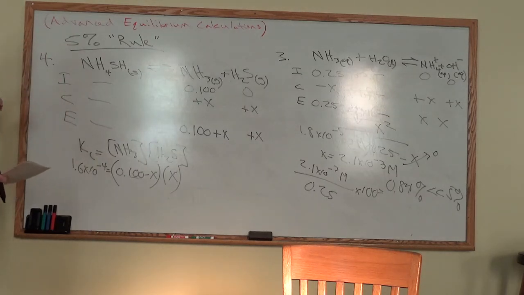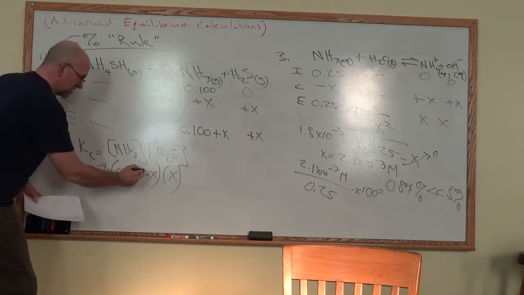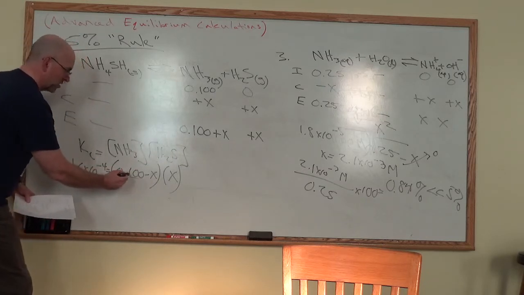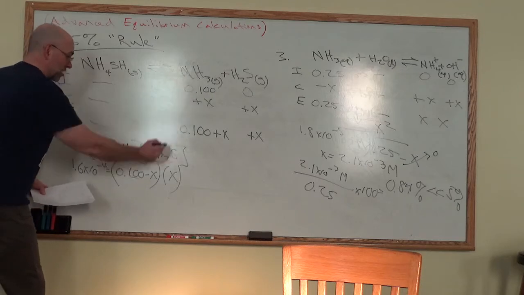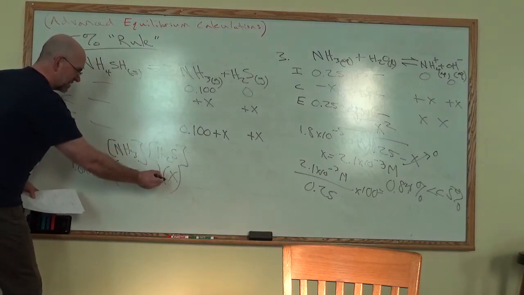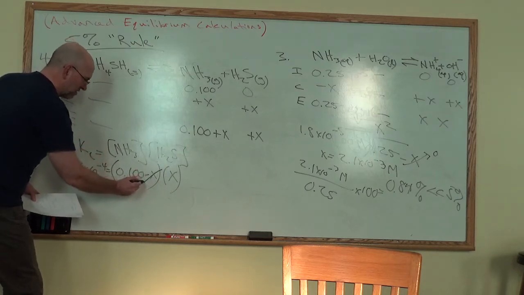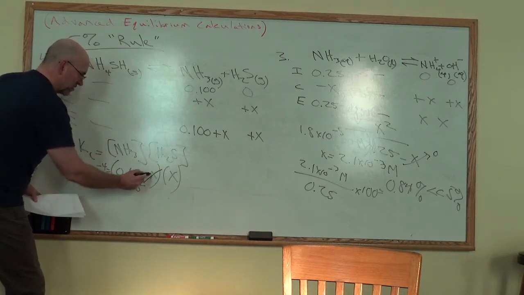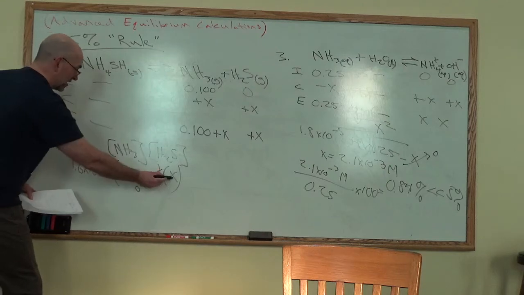We set this up. Does the 5% rule apply? Well, that means I'm going to assume that x is small compared to the initial concentration. We have to keep that one there. We can't ignore that. That wouldn't make any sense. So we're going to ignore this one. We're going to assume that x is negligible to this. We can't ignore it here.